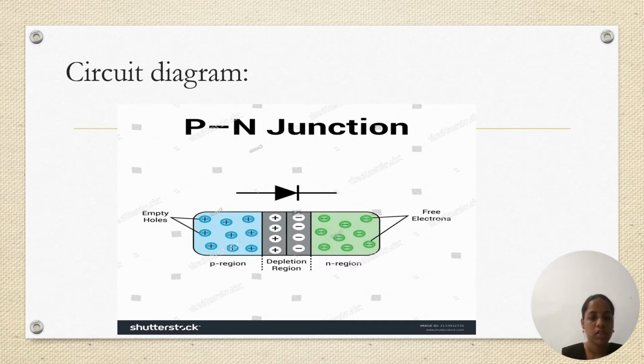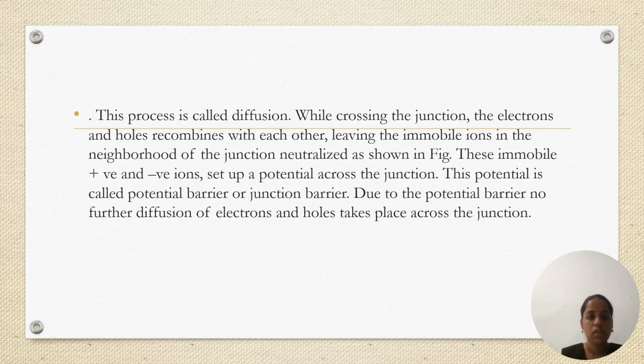Next. This process is called diffusion. While crossing the junction, the electrons and holes recombine with each other. Means electrons and holes combine with each other, leaving the immobile ions in the neighborhood of the junction, neutralized as shown in figure.